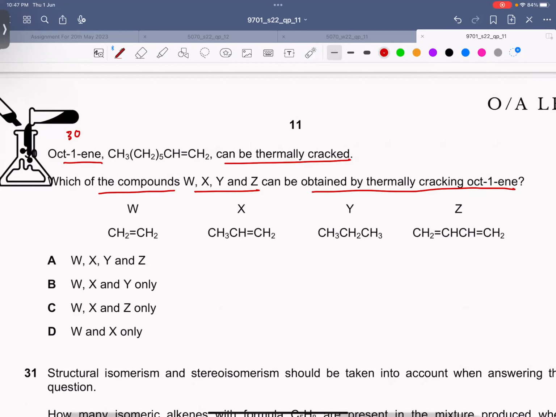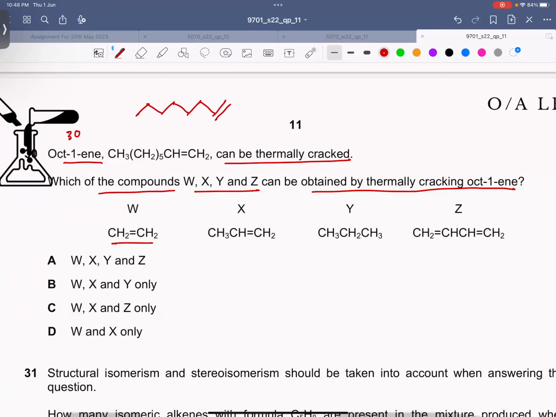Let me draw over here. 1, 2, 3, 4, 5, 6, 7, 8. One minute. 1, 2, 3, 4, 5, 6, 7. So Oct-1-ene. W is ethene.